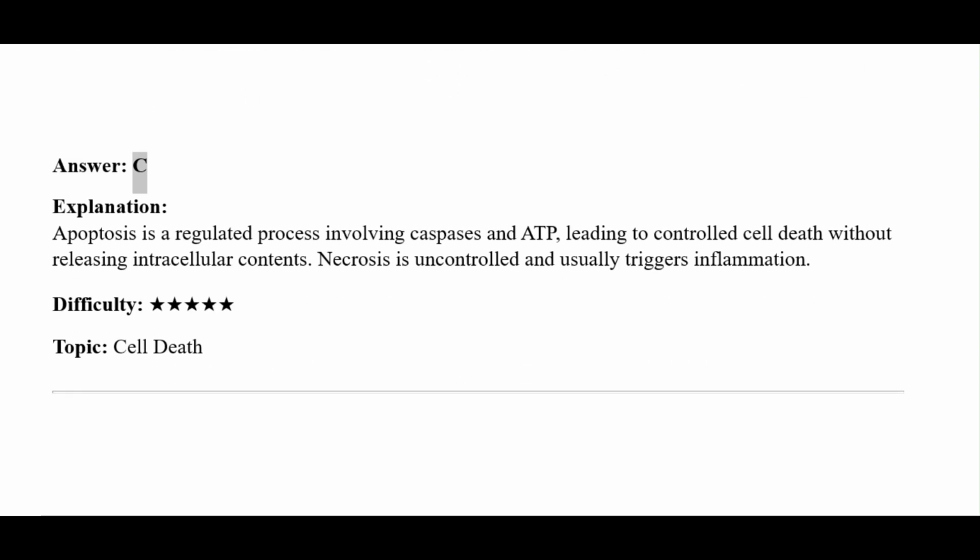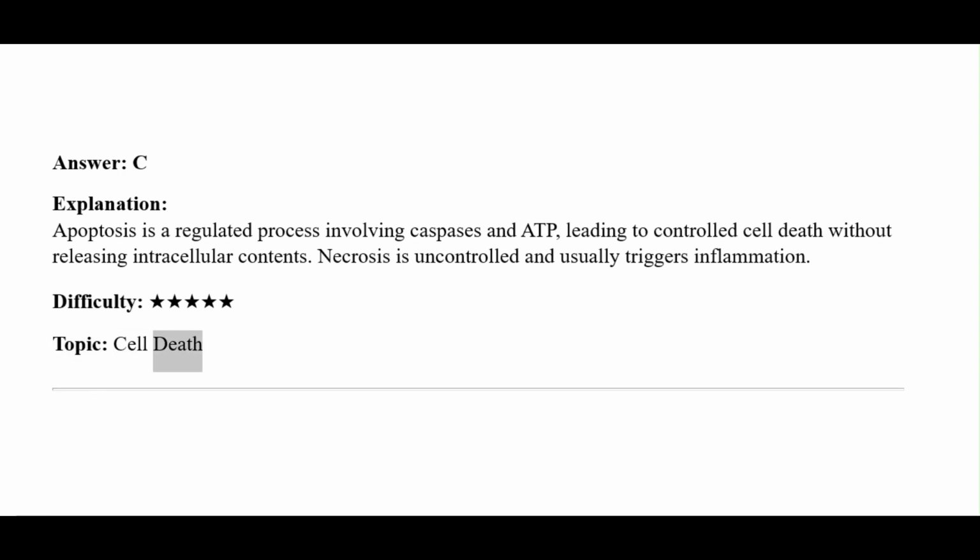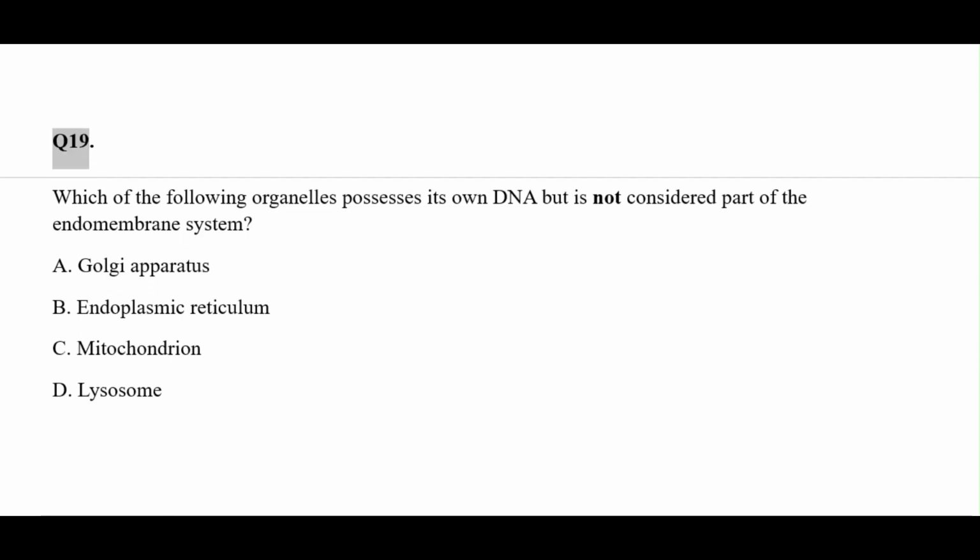Answer, C. Explanation. Apoptosis is a regulated process involving caspases and ATP, leading to controlled cell death without releasing intracellular contents. Necrosis is uncontrolled and usually triggers inflammation. Difficulty. Topic: Cell death.